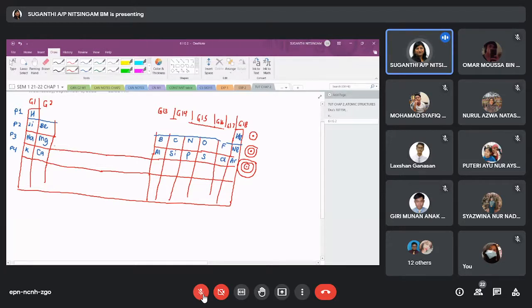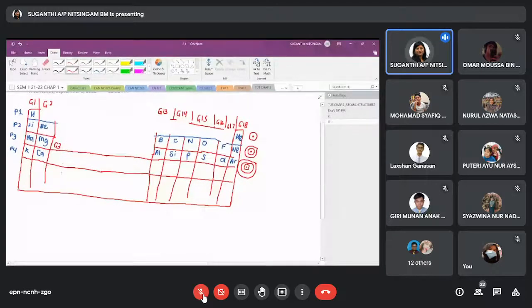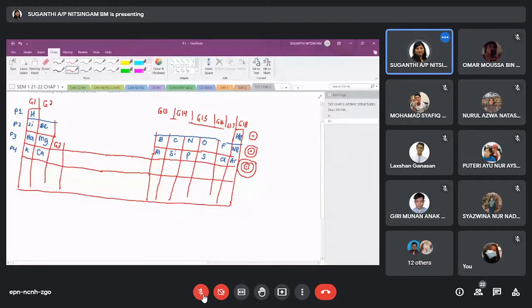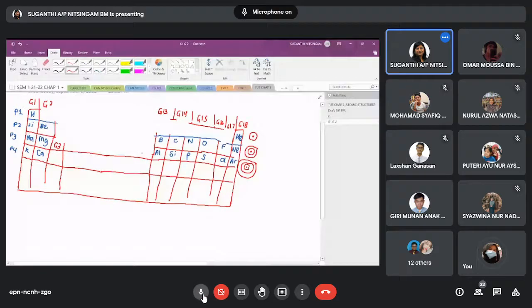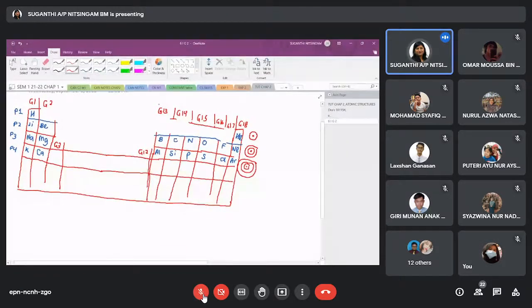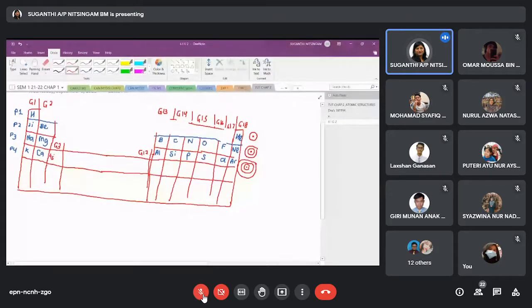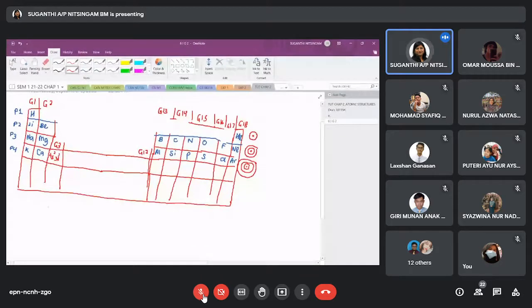D block ni dia akan start daripada group 3 sehingga group berapa sini? 12. Kemudian baru kita pergi 13 sini. So maksudnya bila sini group 3 ni ialah 4s2 3d1.